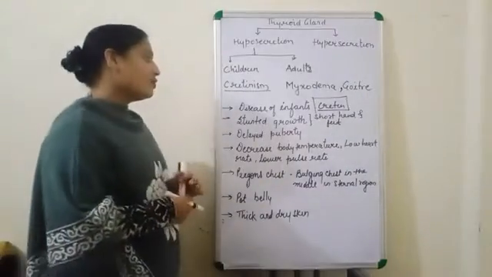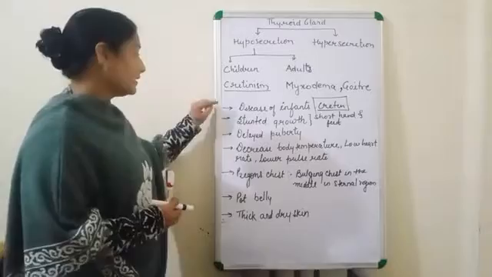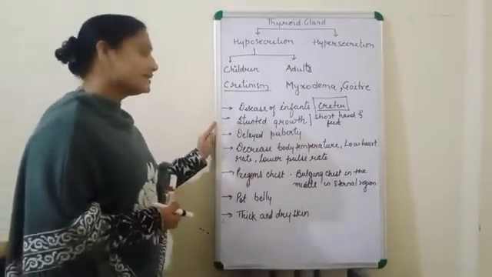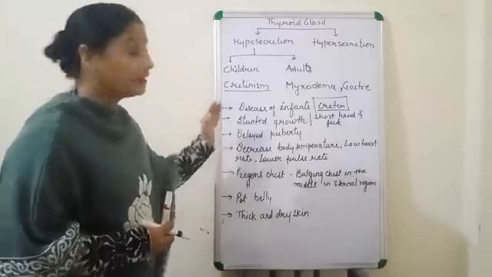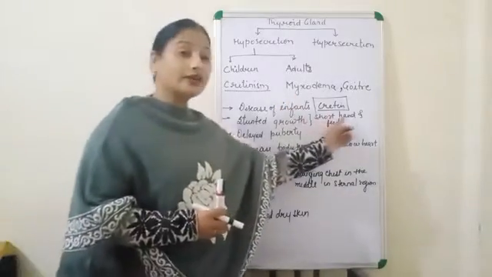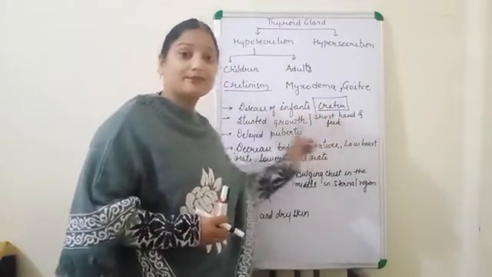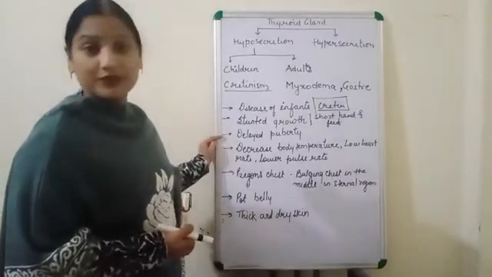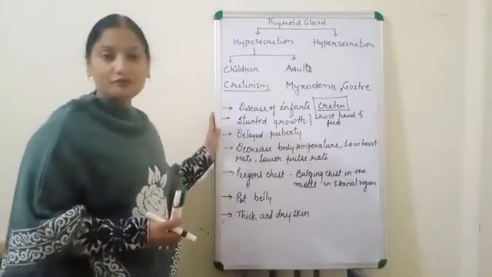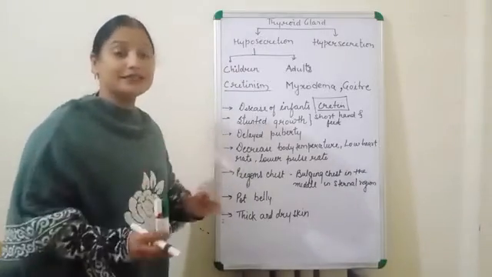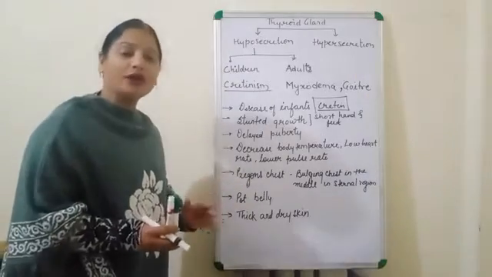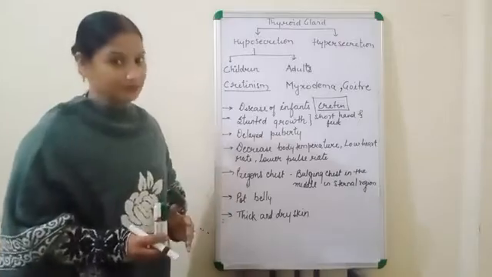Then, what happens in this disease? Stunted growth, that is, growth may stop. There may be short hands and feet. Delayed puberty. Now you know the meaning of puberty: it's the adolescent period when the complete development of a boy or a girl takes place.